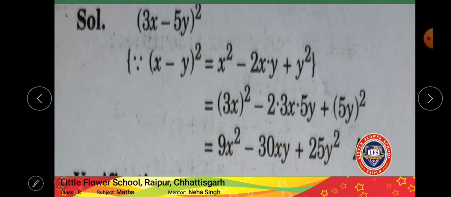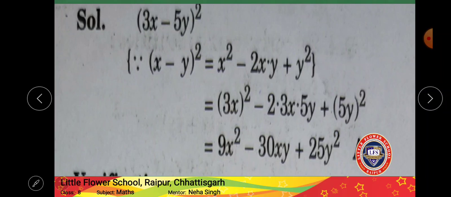As we were doing just now, (x minus y) whole square equals x square minus 2xy plus y square.